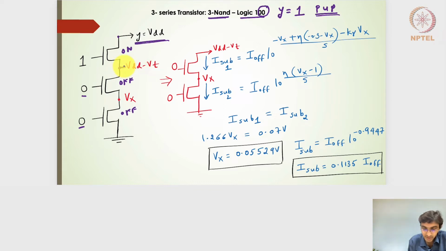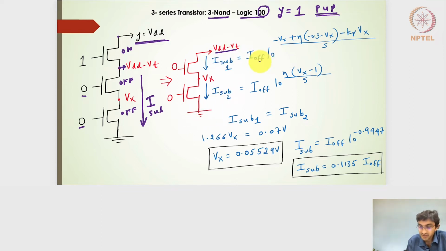So if I have this particular node voltage as VDD minus VT, and these two are off transistors, and on the other side it is connected to the ground, then I should be able to estimate the subthreshold leakage current.